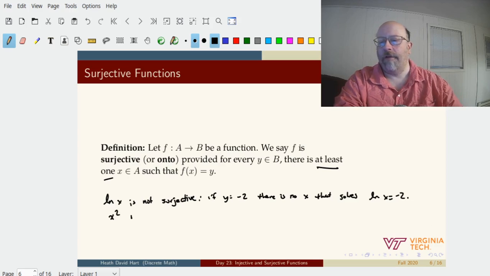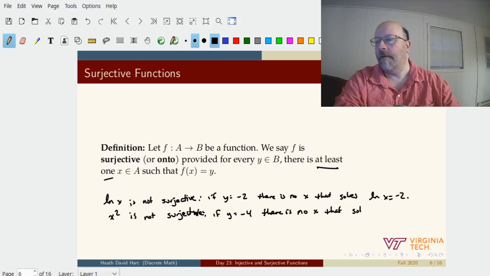X squared is not surjective. Also for negative numbers. If y is equal to -4, there is no x that solves x squared equals -4.